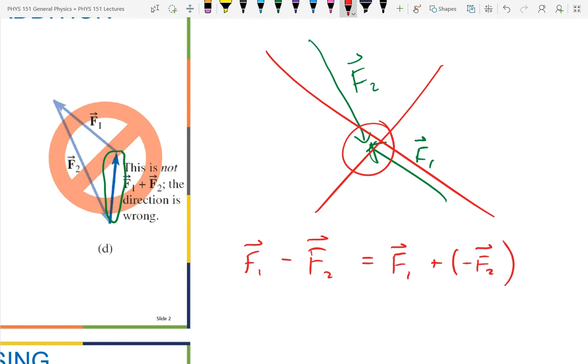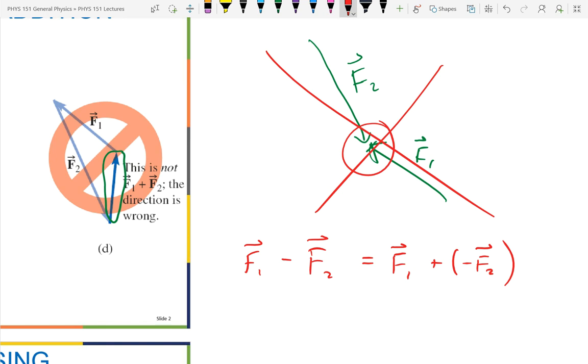We know how to add vectors. What difference does it make if you put a minus sign with the vector? You just swap the direction. You flip the direction. So to subtract F2 from F1, I just add F1 and minus F2.